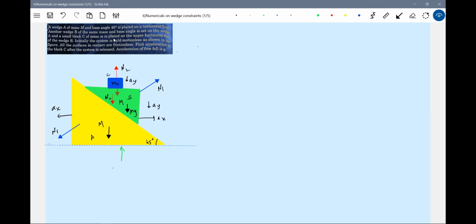So let's describe the motion like this, and we'll write some equations. We may get some help from this.